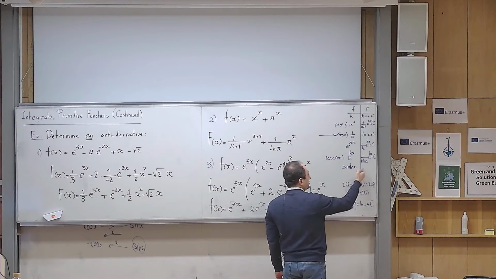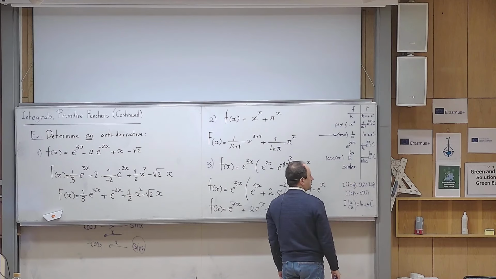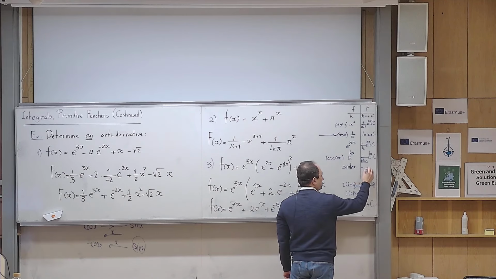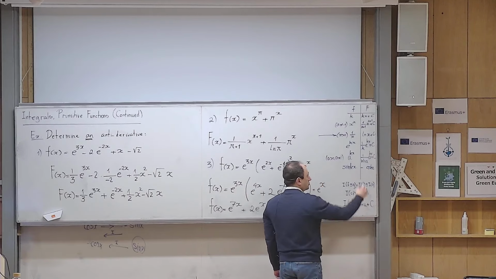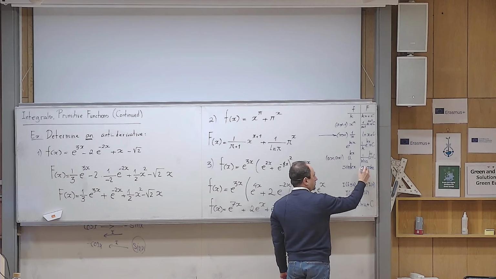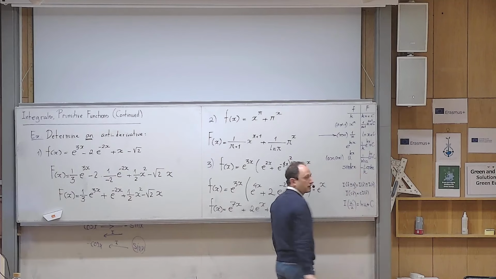What is the antiderivative of sine kx? A function whose derivative is sine. It should be minus cosine. Do you agree? Because the derivative of cosine has a minus sign, so I put a minus sign to cancel the coming minus sign. But it also gives me a factor of k, so I put 1 over k to cancel that factor as well.